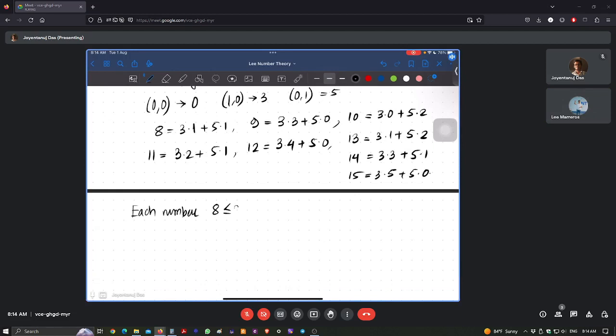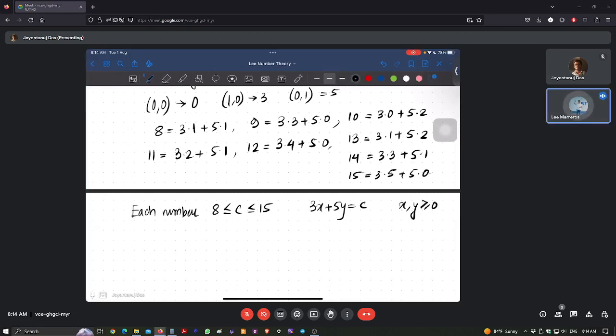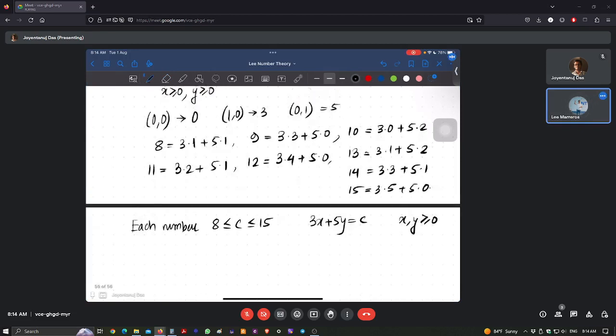So 3x plus 5y equals c has a solution where x and y are both greater than or equal to 0. And that is only because we didn't go beyond 15. So between 8 and 15 we have everything, right?